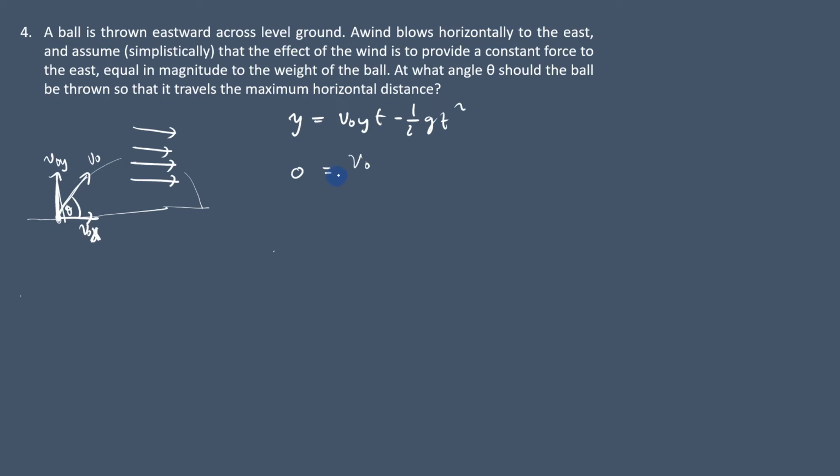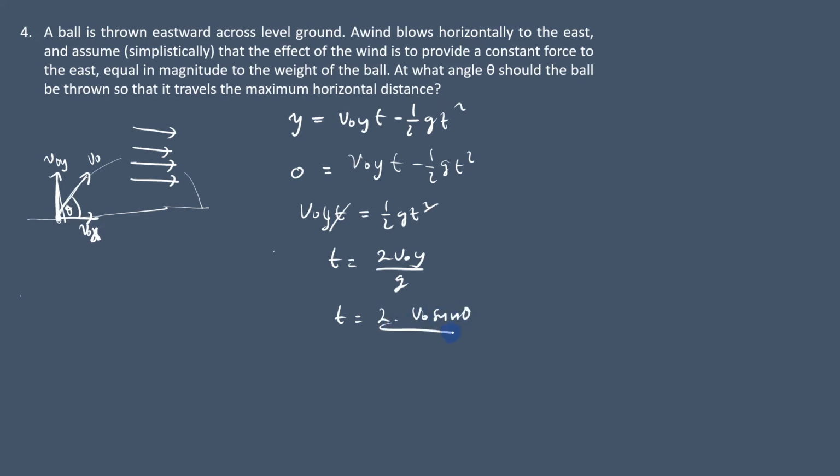So we get 0 equals v0y t minus 1/2 g t squared, and we get v0y t equals 1/2 g t squared, and we can cancel and simplify this term, and we get t equals 2 v0y divided by g, and v0y we can substitute by v0 sine theta. This is the usual time of the ball in the air.